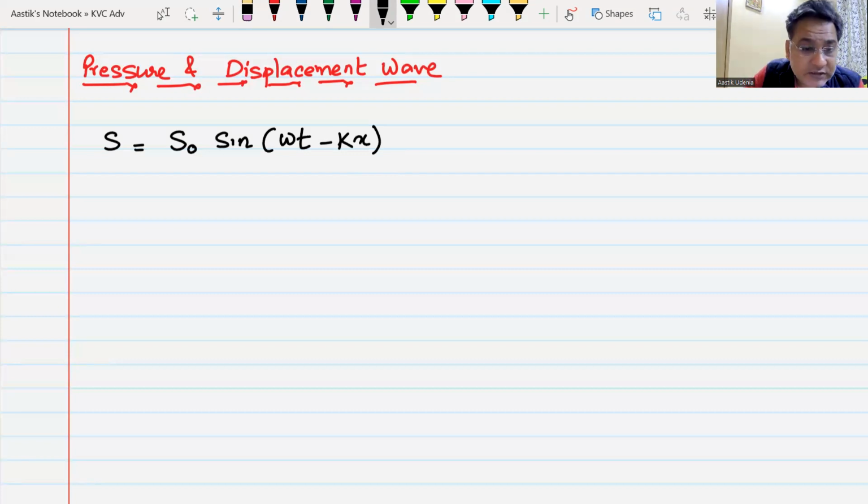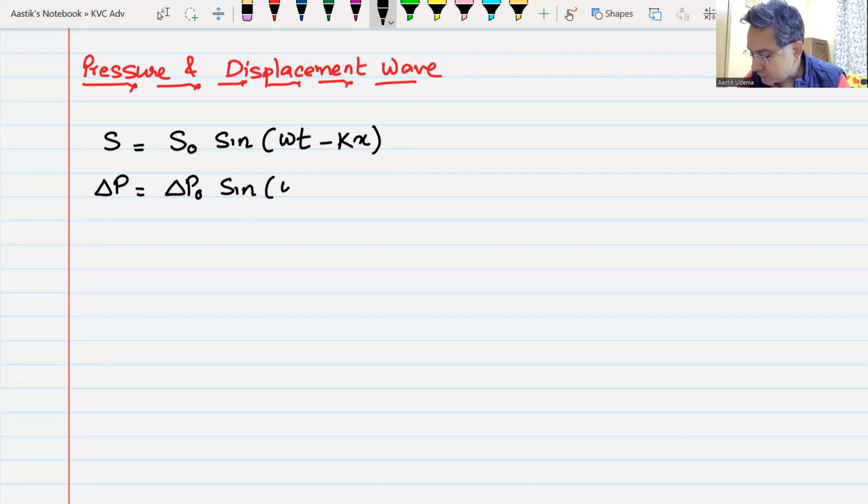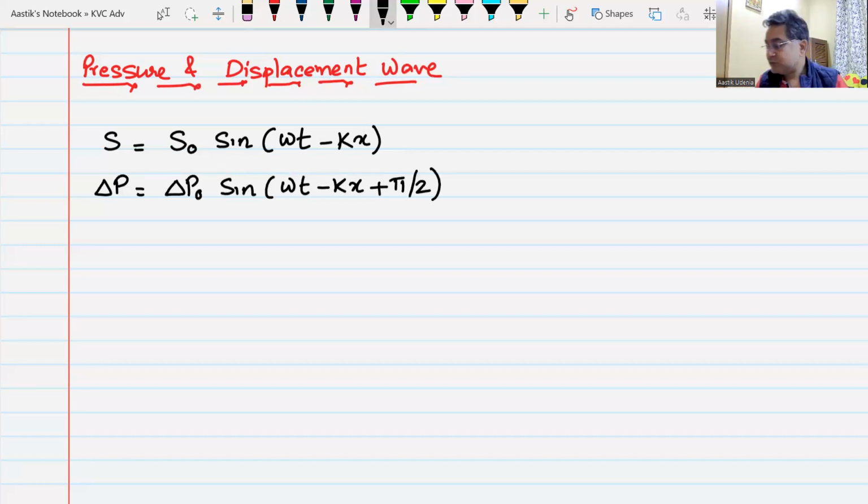Now, when I write the pressure wave for the same condition, delta P is equal to delta P naught, the pressure wave looks like this, and you should remember this.